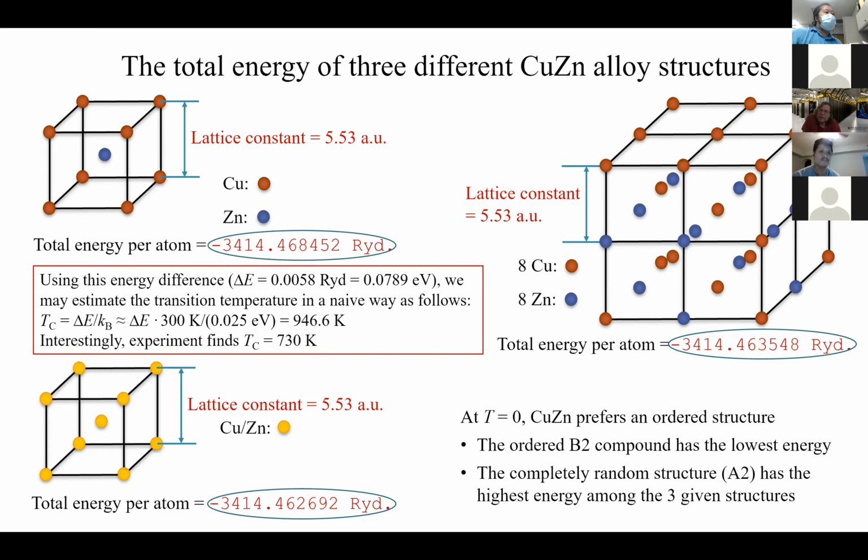What one normally does is perform calculations for a number of representative supercells using density functional theory, and then fit this to an easy model that is much faster to evaluate, nowadays using machine learning, for example, and then use that within the Monte Carlo simulation to account for the entropy.